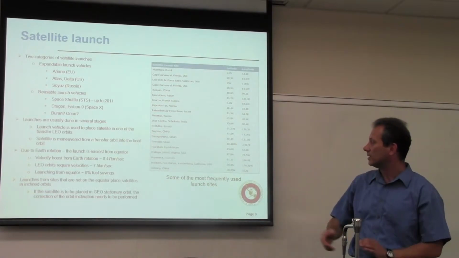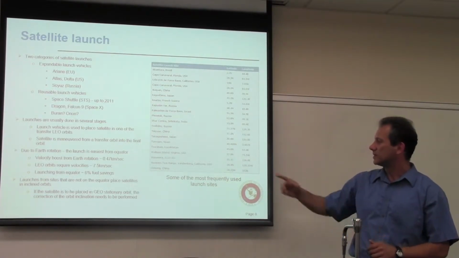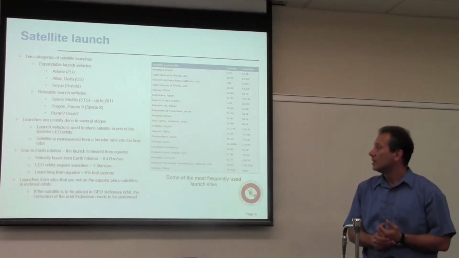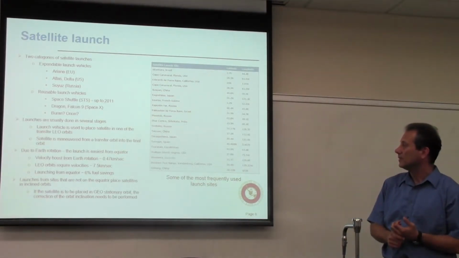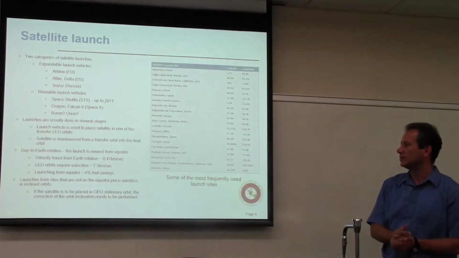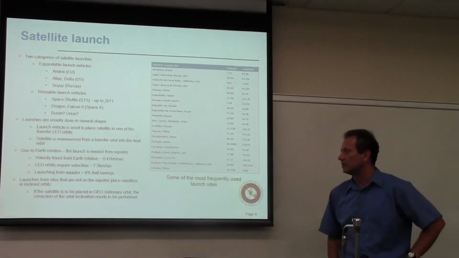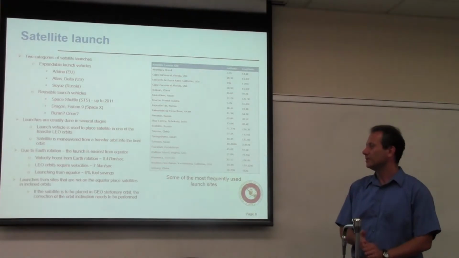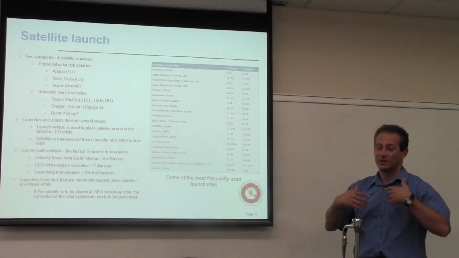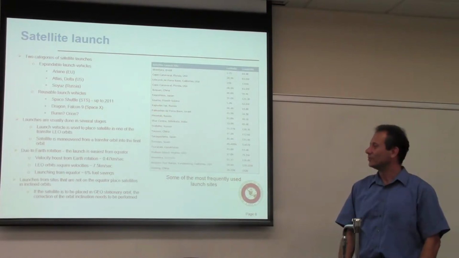I have some descriptions of the launching procedures on the following slides, but the speeds that you need to reach to launch something from the Earth are pretty fast, at least compared to what we are used to, just walking on the Earth.